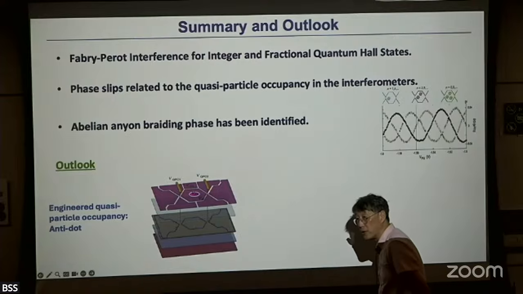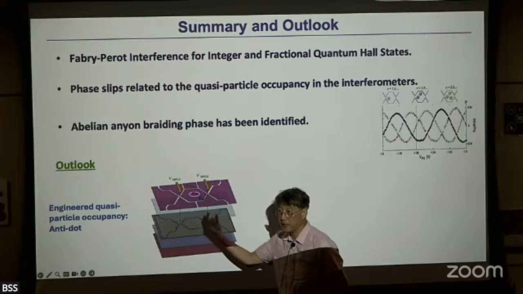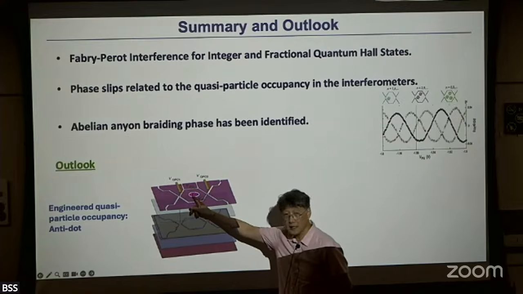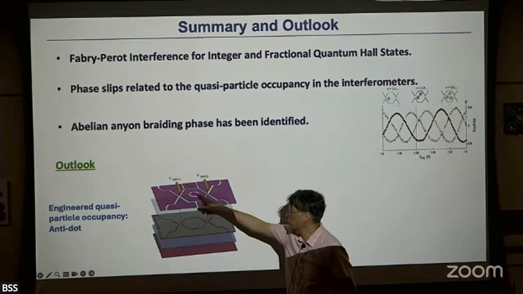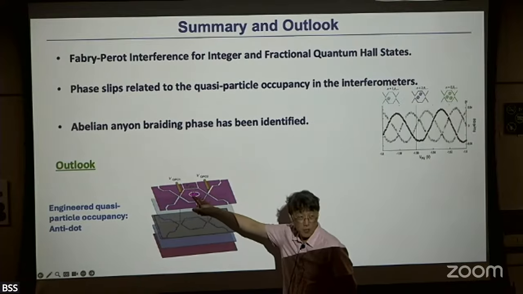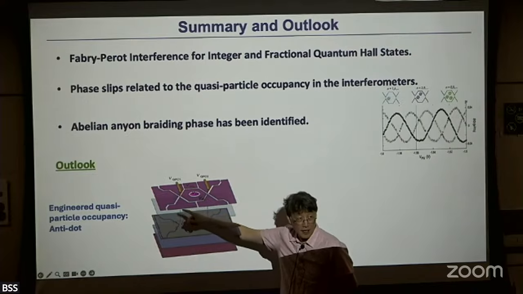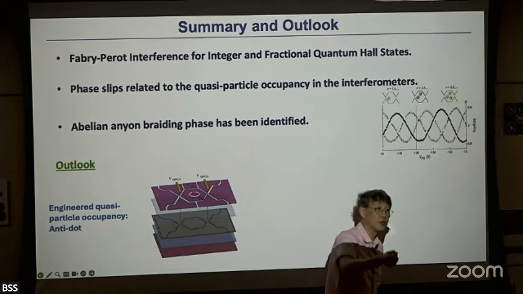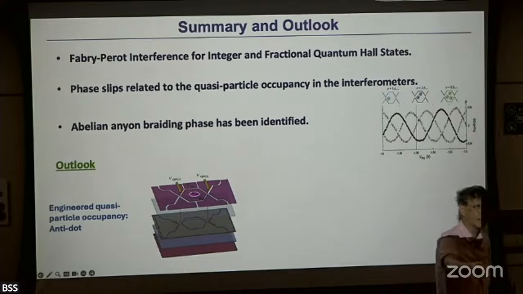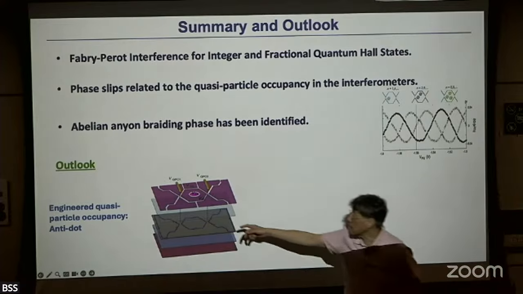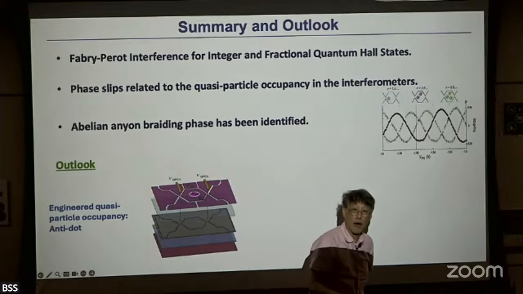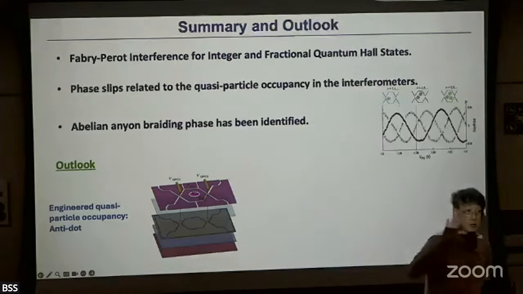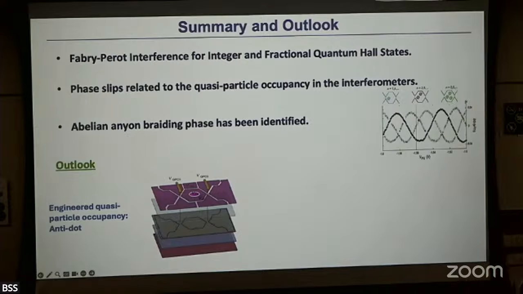But an even better one is if you build some kind of anti-dot, which can be controlled by a gate, such that we can control the number of quasi-particles inside of the cavity, such that I can induce this phase slip whenever I want and as much as I want. I think that's an important part, the next technology. I believe that this technology is not far away. There are many groups that I mentioned here, as well as others, working heavily on that.